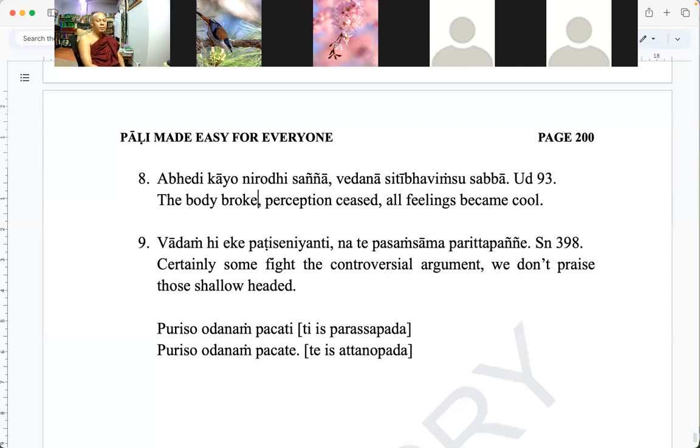Or can we say that it is a broken body? So if we say broken body, where is the bar to connect in meaning?